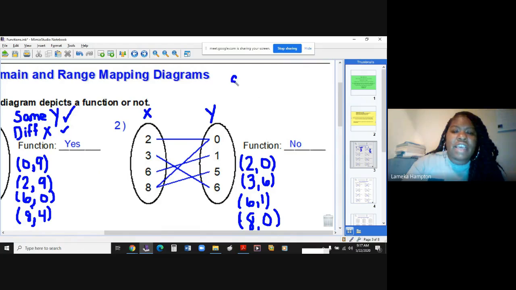If I have the same x value, meaning the same number, if I have the same x value, it's automatically not a function. Okay, so I'm going to give that a sad face.